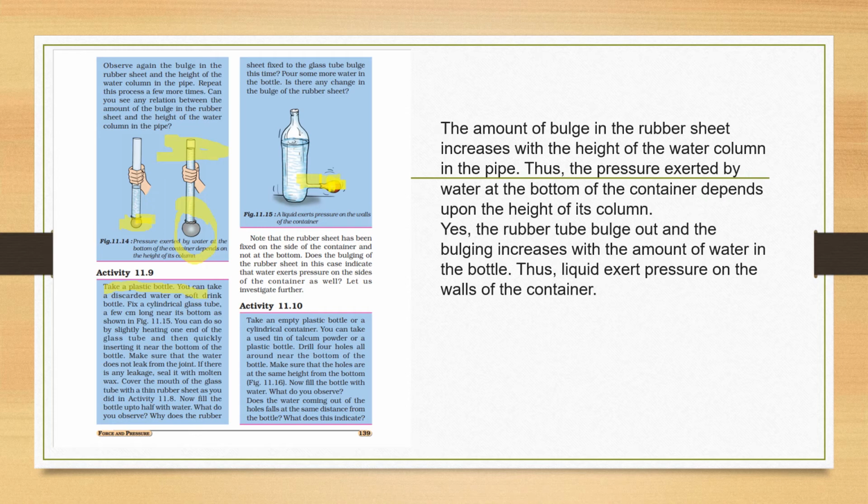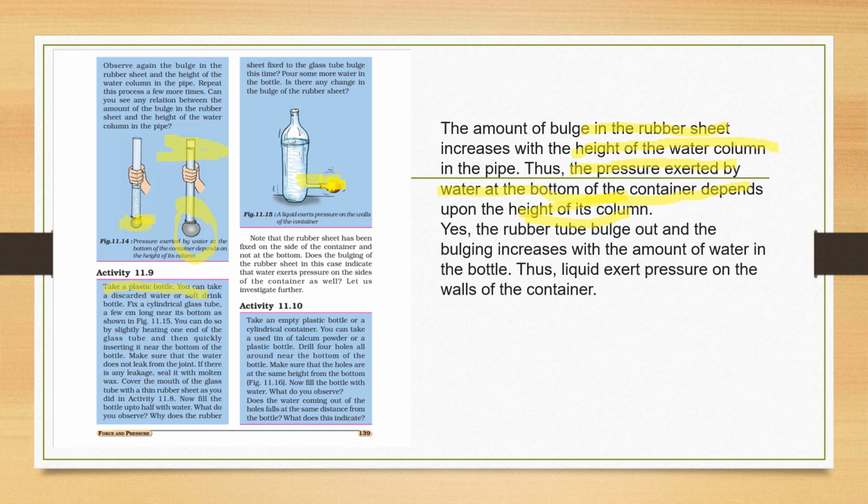So from these two experiments, what we have concluded is that the amount of bulge in the rubber sheet will increase when we increase the height of water in the pipe. So the pressure exerted by the water at the bottom of the container depends on the height of its column.